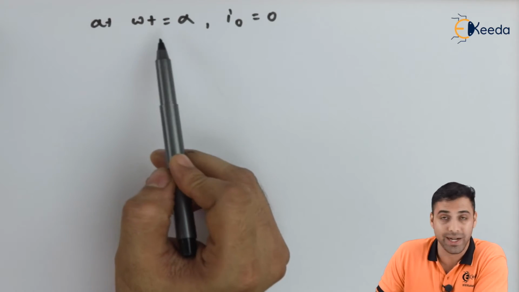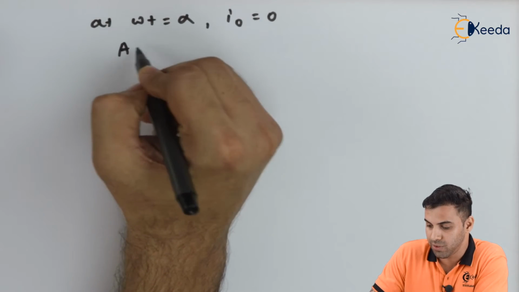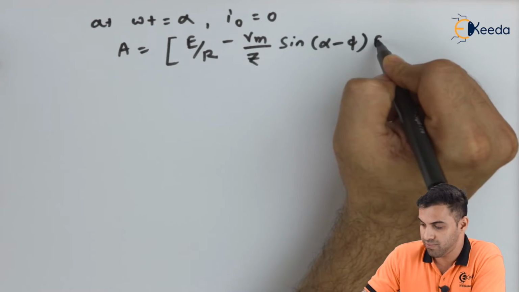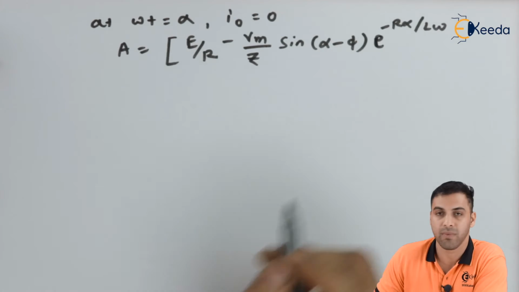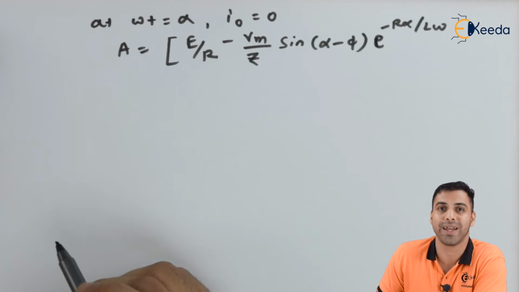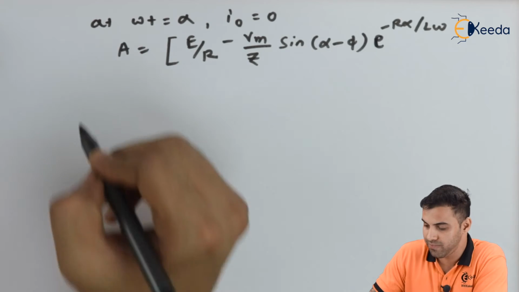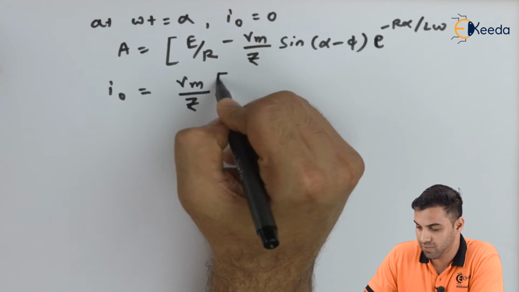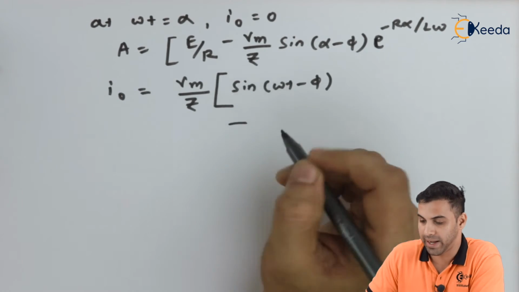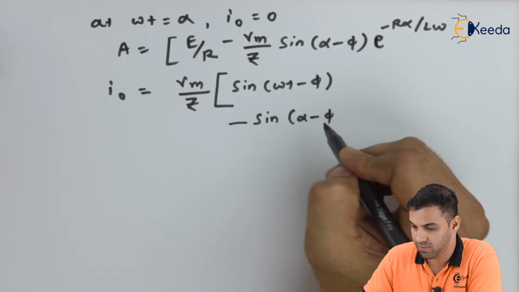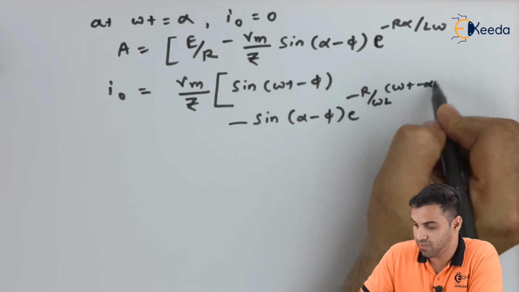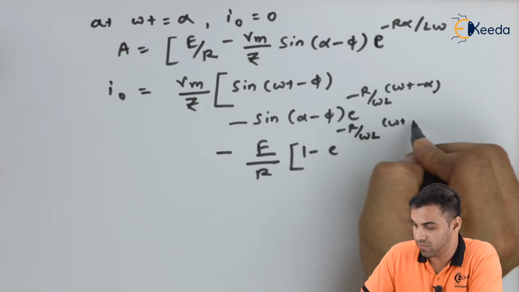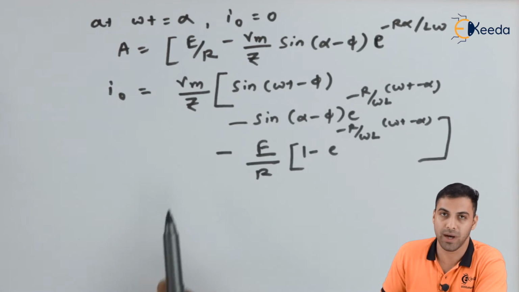Now, if we put the same condition in the earlier equation, we get the value of A. If we put the value of A in the earlier equation, we can easily find the output current, which will be I naught is equal to minus E divided by R. So this will be the final value of the output current.